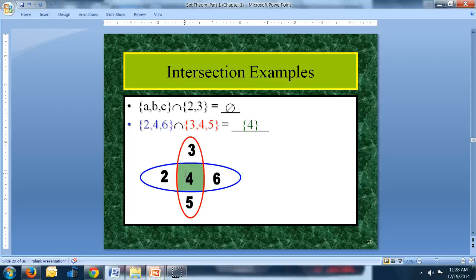Versus this one here, where the first set has 2, 4, and 6, and the second set has 3, 4, and 5. 4 is the common element. So the intersection here will be a set, still a set, using the notation of a set, and it has the number 4.